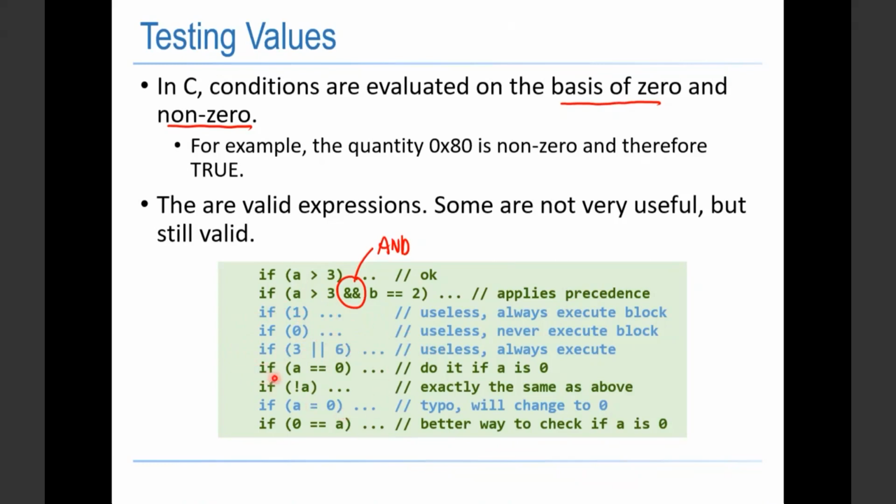Next, if you're going to check whether this value is equal to n values, you can put if A equal 0. You're going to check here: is A equal to zero? If A equals zero, do the next instruction.